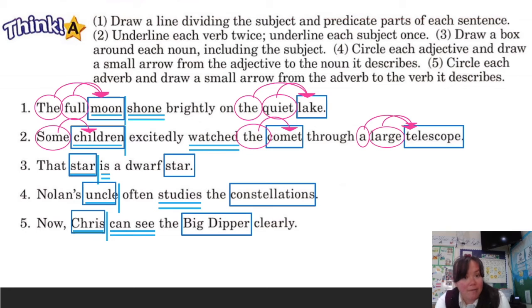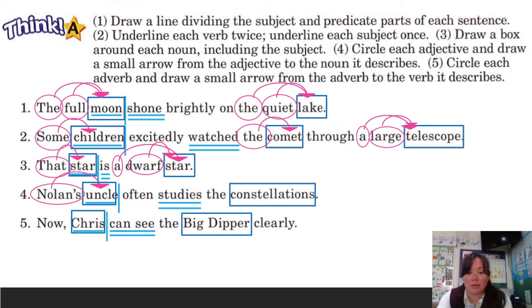Number 3, find that noun, star. What describes star? Which star? That star. And I got to circle it there. And then we also have the next star. What describes it? A star, and dwarf star. All right, circle and our arrow. And number 4, whose uncle?